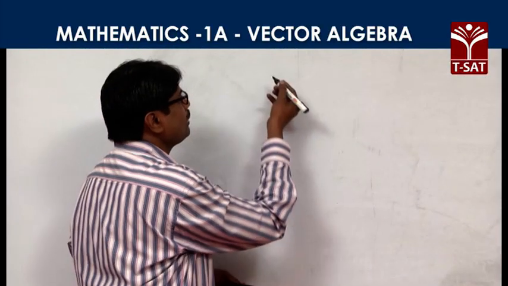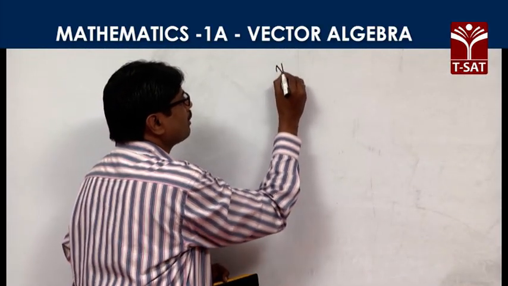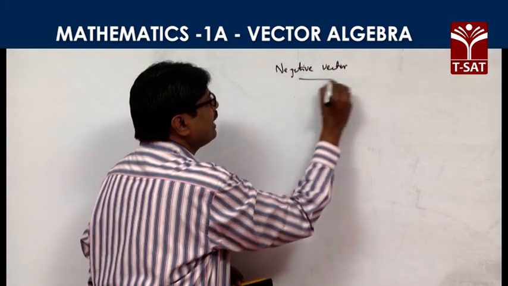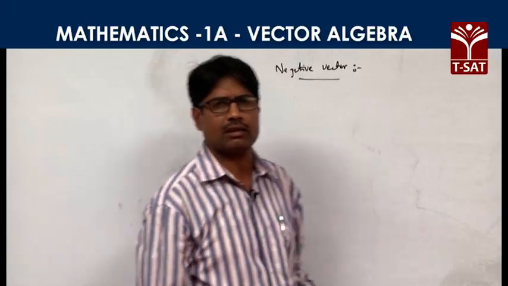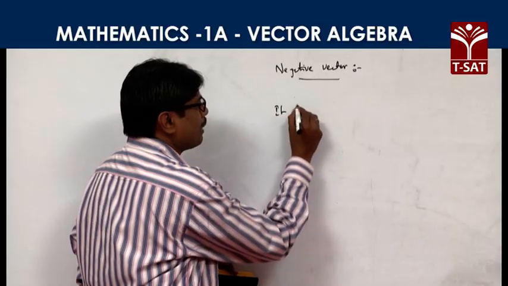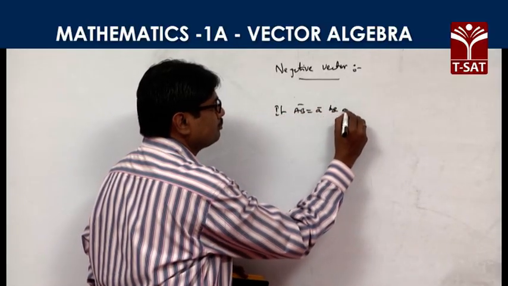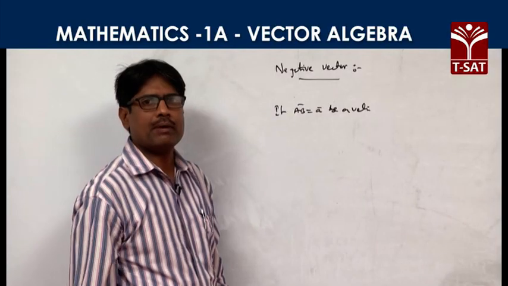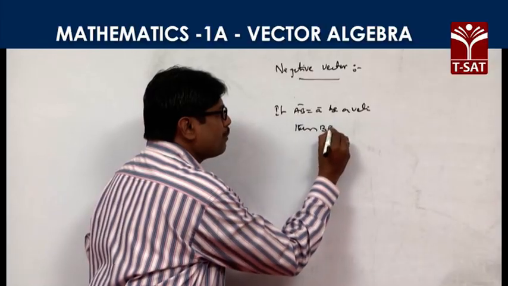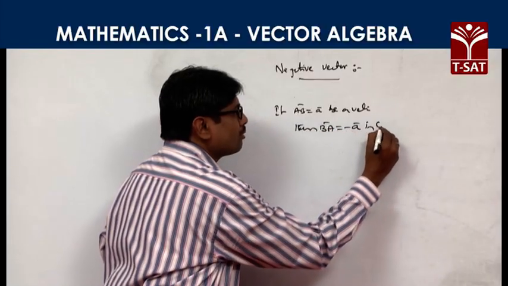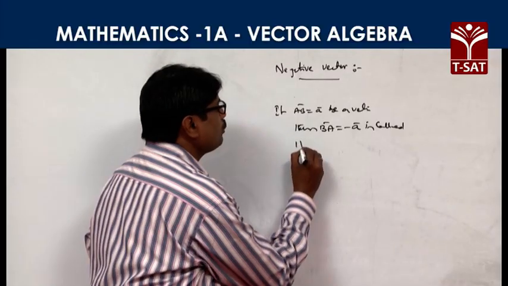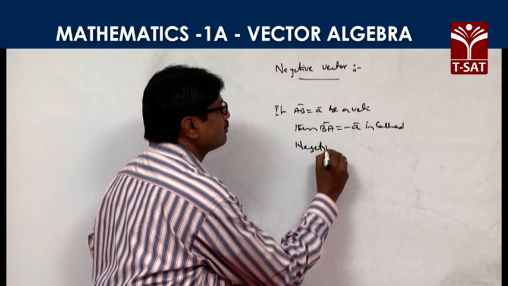Next, what do you mean by negative vector? If AB bar is equal to A bar, be a vector, then BA bar is equal to minus A bar, which is called the negative vector of vector A bar.